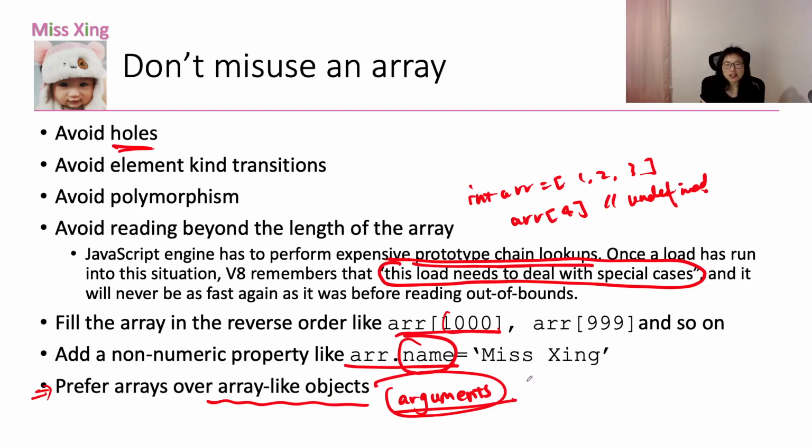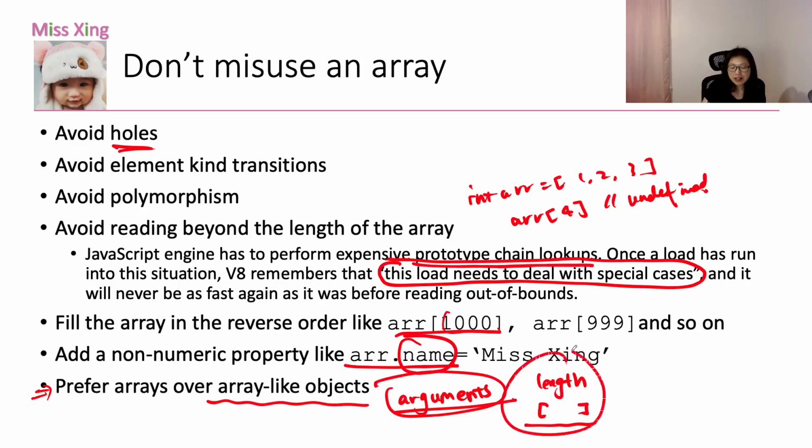An array-like object has a length property, and you can also use square brackets to access each element in the object, but it's array-like, it's not an array.